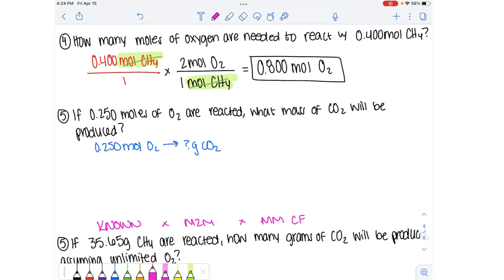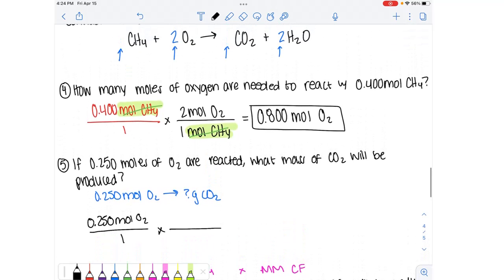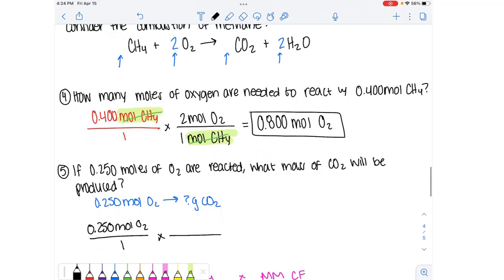So our known here is 0.250 moles of O2. The mole to mole conversion factor tells us how many moles of each substance we need. Looking at the balanced chemical equation, I have 2 moles of oxygen per every 1 mole of CO2.